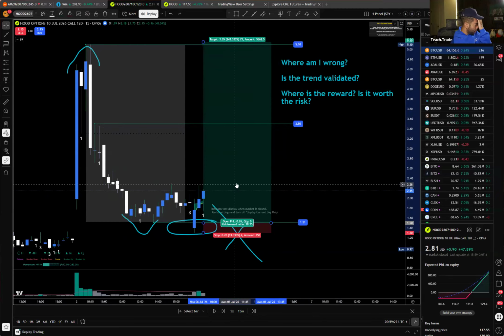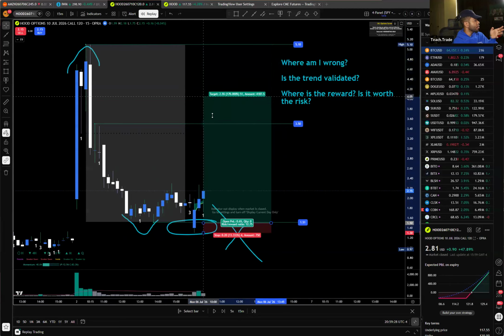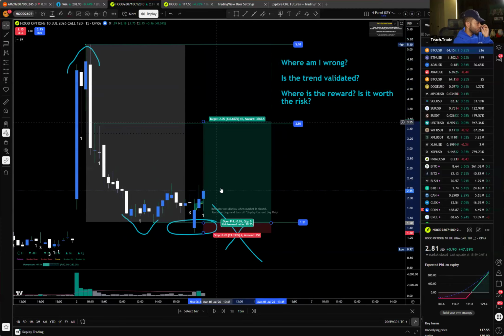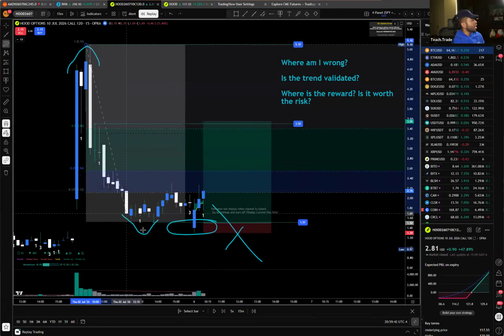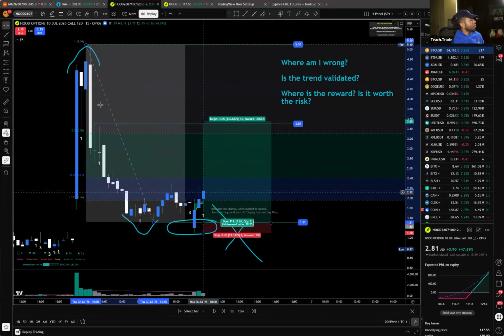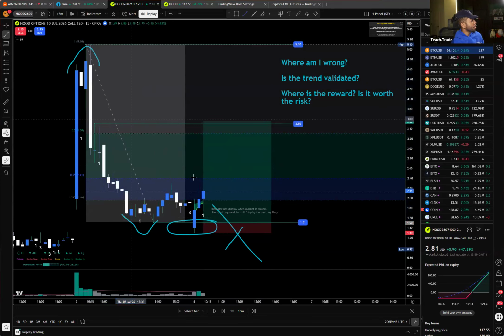And so now the moment that we enter becomes the shift point to then answer all these three questions at once. So we determined where we're wrong. We determined where is the reward. We said that the trend can be validated if we cross 8 to 25% of this range. And so that moment will come here.